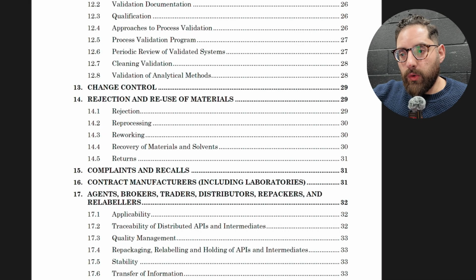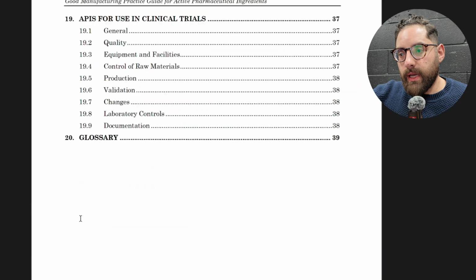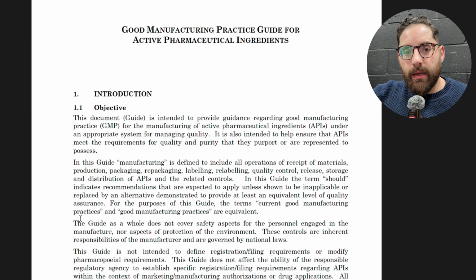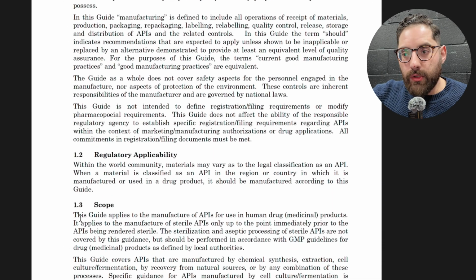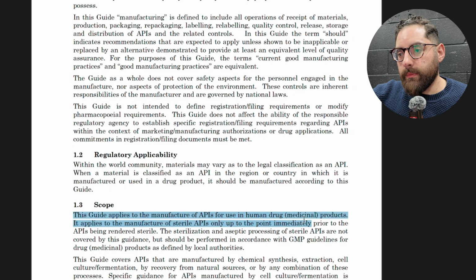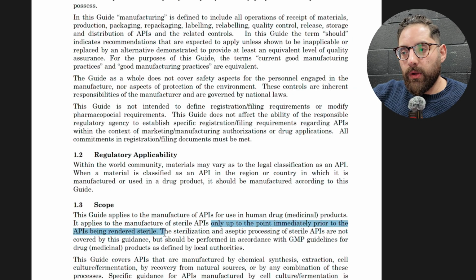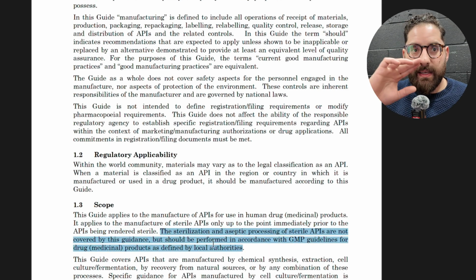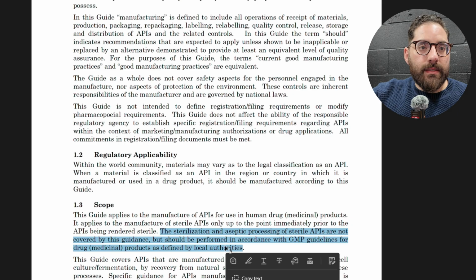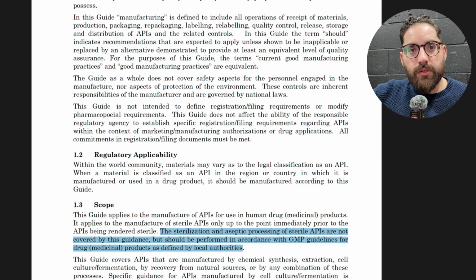Starting with the scope of the guideline, this guide applies to APIs for human medicinal products, and it applies up to the point immediately prior to an API being sterile. Sterilization and aseptic processing is covered under the drug product GMPs. And what that means is that Q7 is focused on API manufacturing, not the finished drug product.